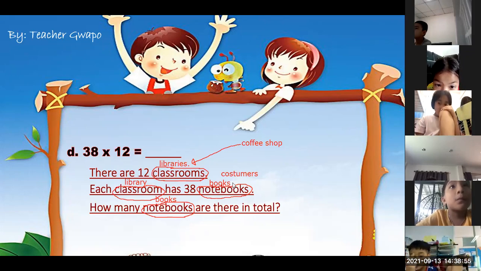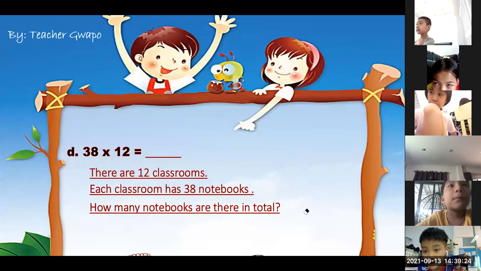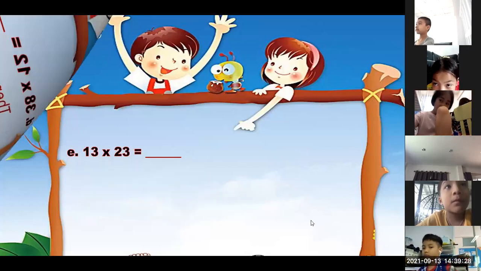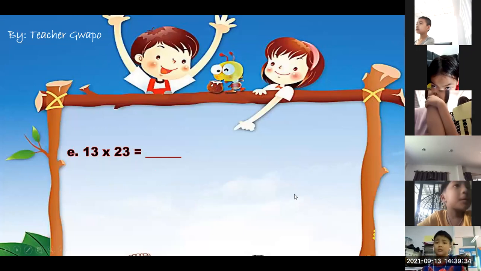Now we will proceed to exercise E. Here we go, letter E. Now in letter E, the multiplication equation here is 13 times 23.